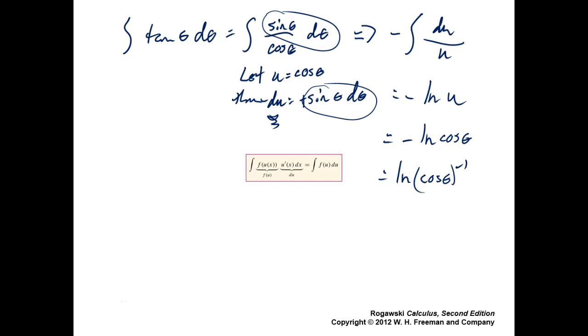Ln of x over y is ln x minus ln y, okay? Or here's one: ln of x to the r would be r times the log of x. Well, this is doing the reverse of that. R times the log of cosine theta would be the log of cosine theta raised to the minus 1. So that's what we did. That rule.